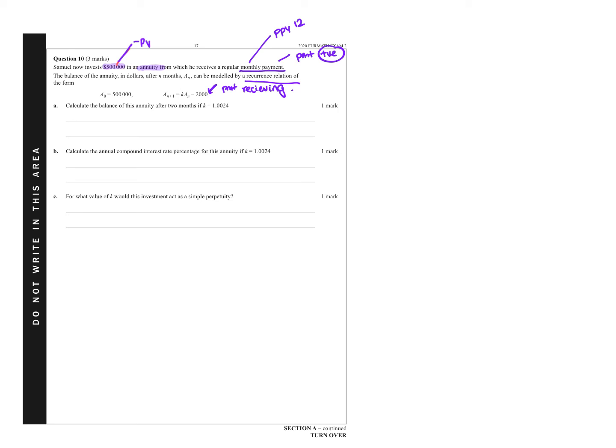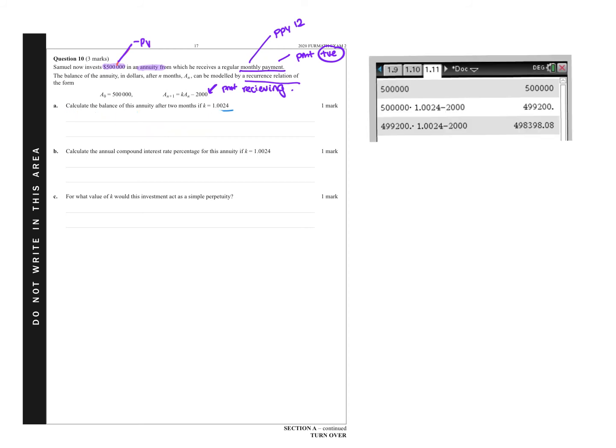So calculate the annuity after 2 months if K is 1.0024. Because this is a monthly model, you could just simply do it in the calculator where you go 500,000, press enter, and then you do the times K, which is 1.0024, times that 500,000, minus 2,000, and just do that twice.